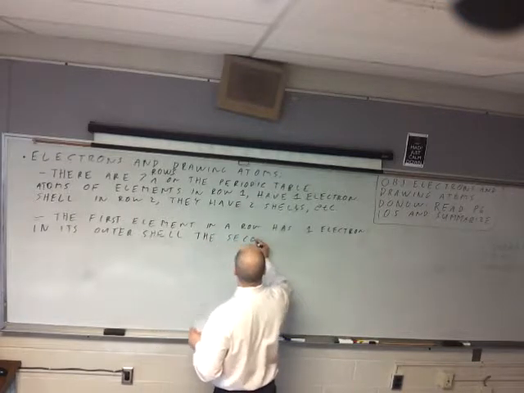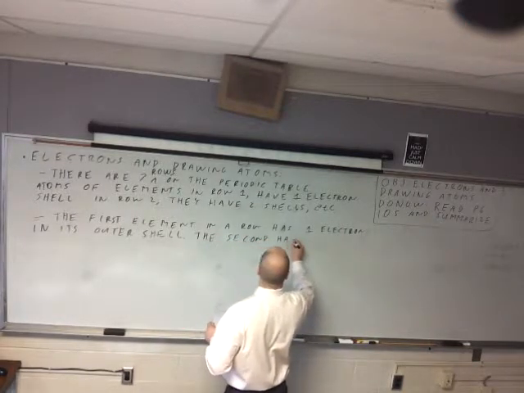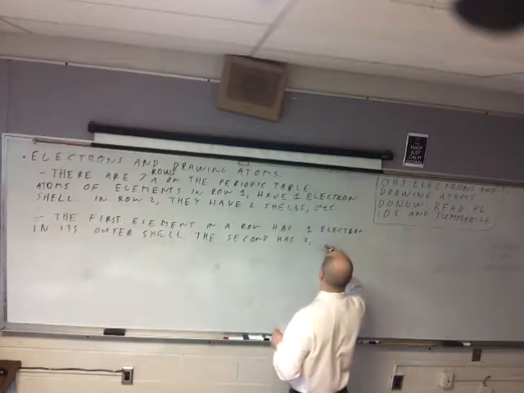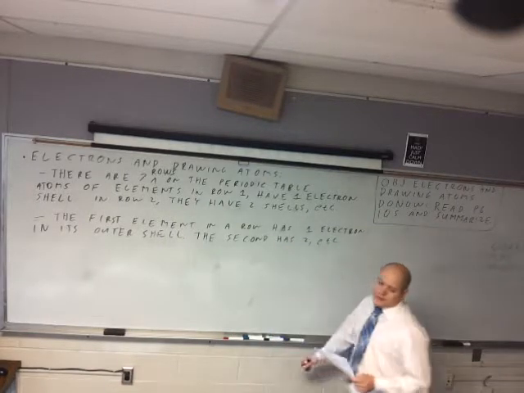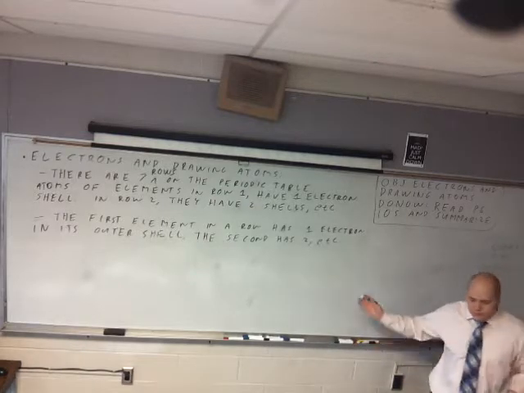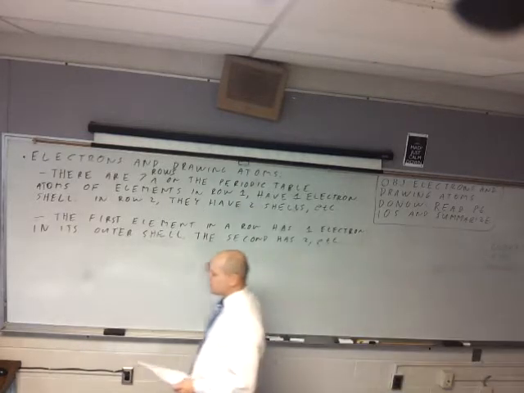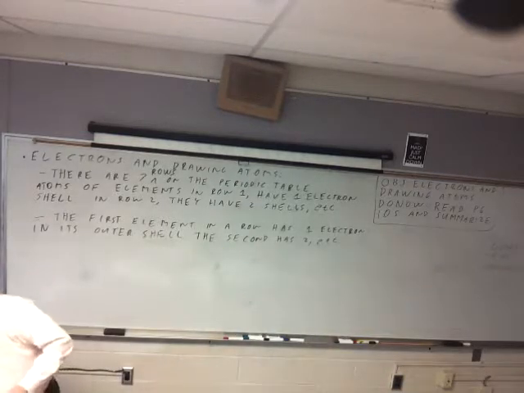Second has 2. Third has 3, etc., etc. You get the idea. Okay, so I wrote these rules down. I'm going to draw them for you so this will make sense, because right now you probably think, well, what's this guy talking about?